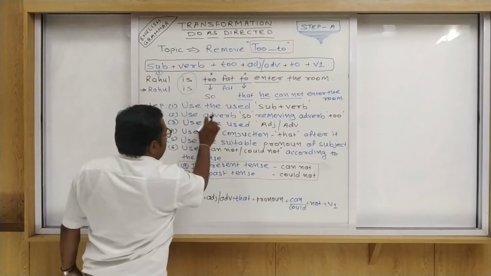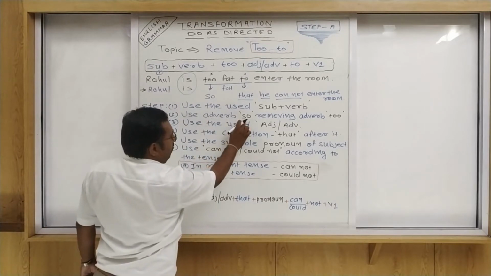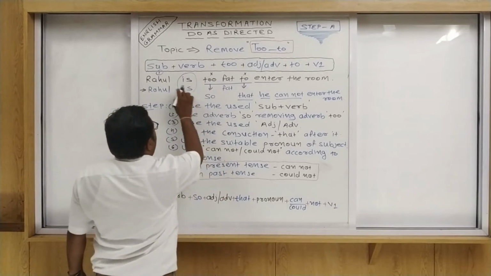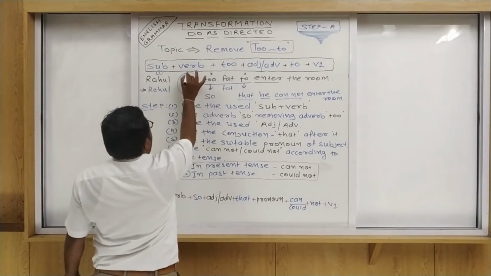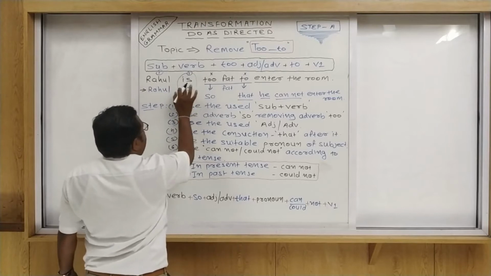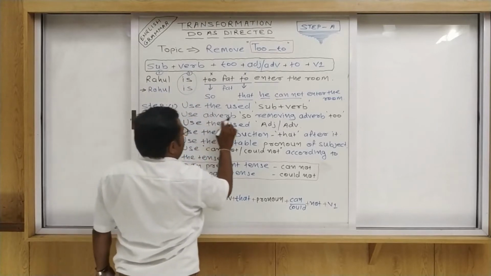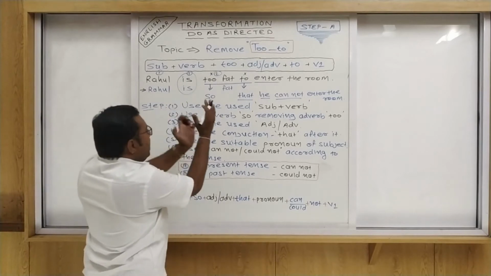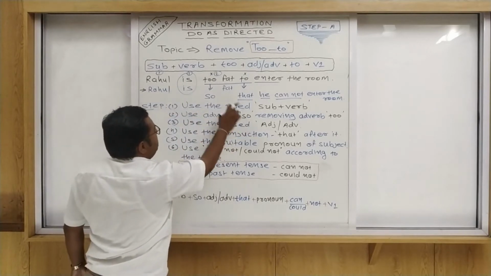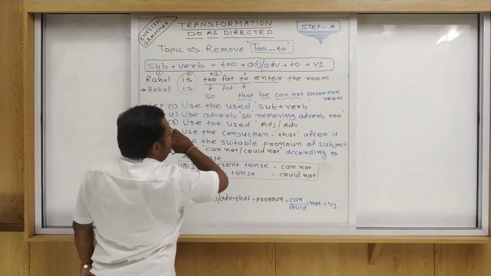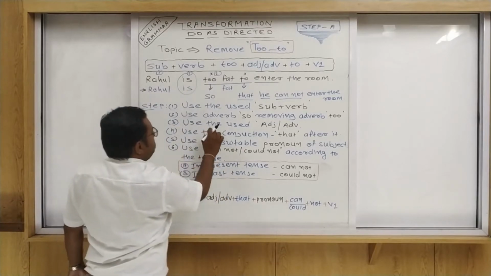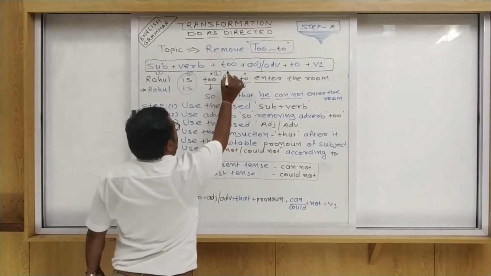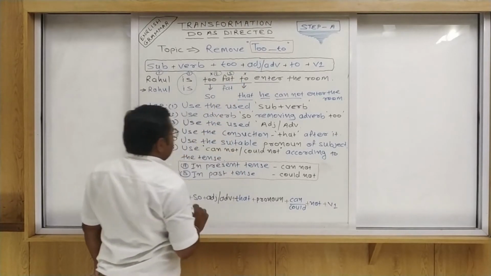Second, use the adverb 'so' and remove 'too'. So here the subject and verb, Rahul is, 1 is clear. Second one, use the adverb 'so' instead of 'too'. Third one, use the adjective. What is the adjective here? Fat. So that is number 3.